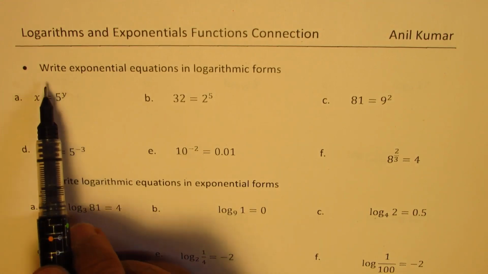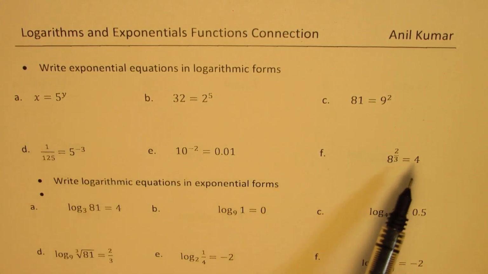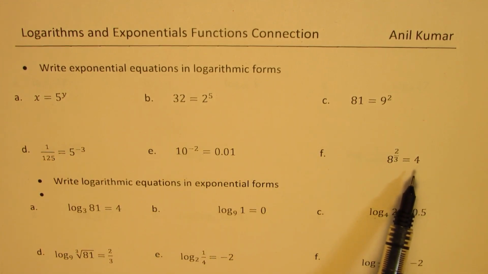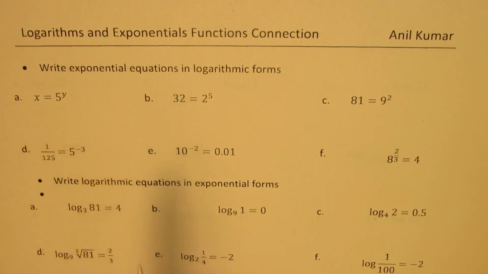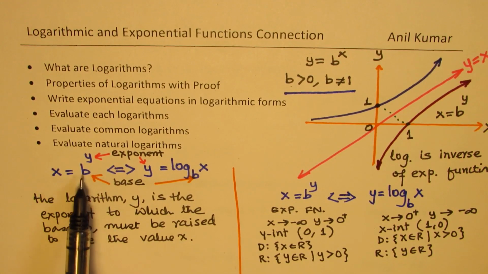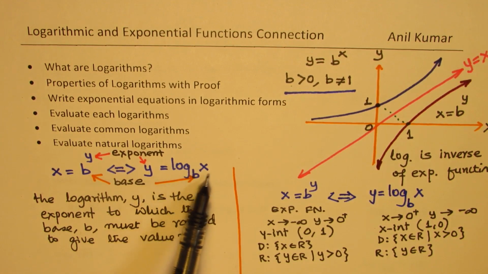First one here is to write exponential equations in logarithmic forms. There are 6 examples here. All are exponential functions you're very familiar with. Now let us see, how do we write them in logarithmic form? So getting back to where we started, basically we are looking into this type of an exponential, y equals log to the base b of x.